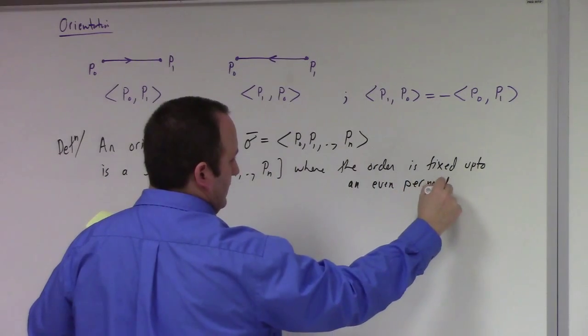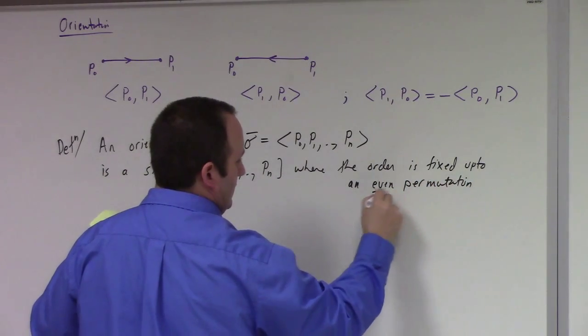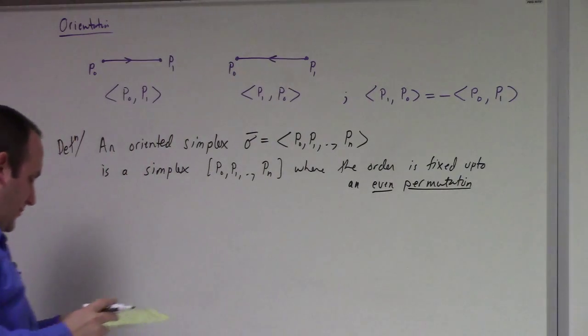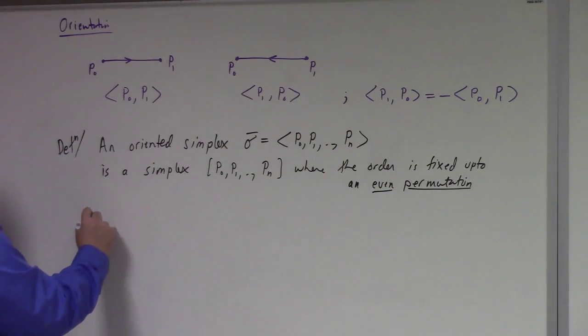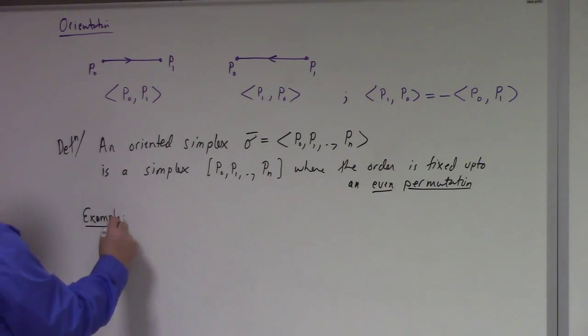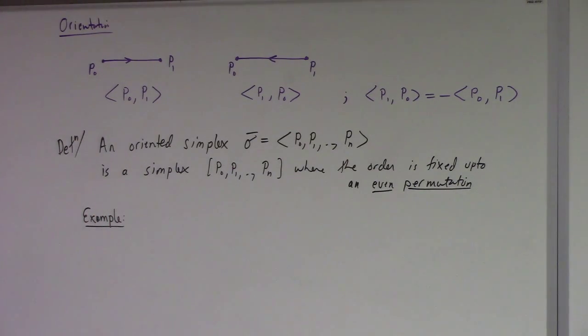Now, I don't want to get too overly technical about permutations in here, so I'll illustrate by an example. If you know what permutations and their signs are, I've done some of that with the wedge product stuff.